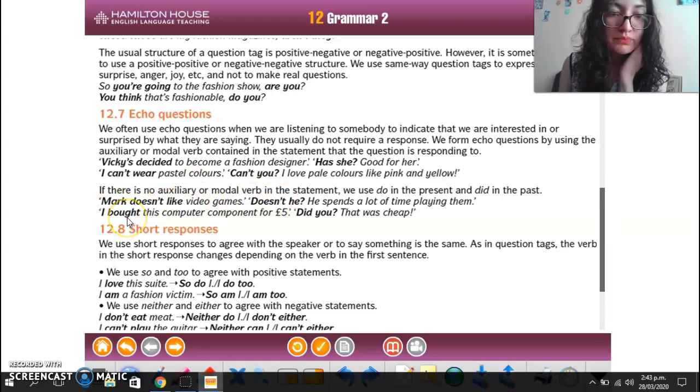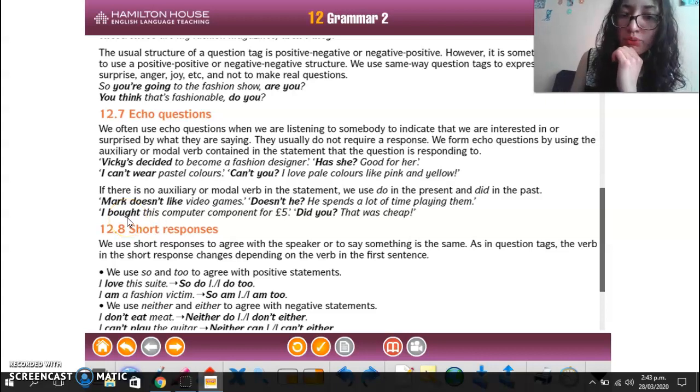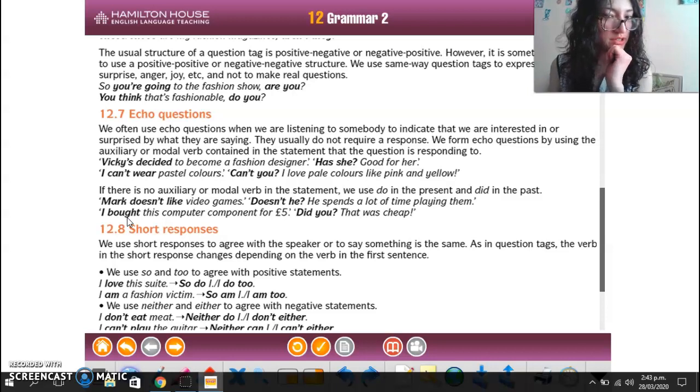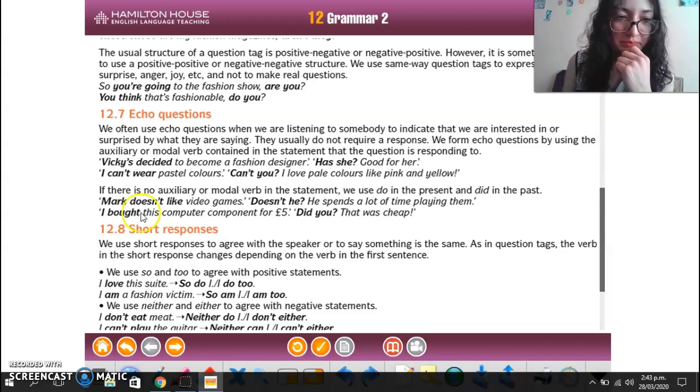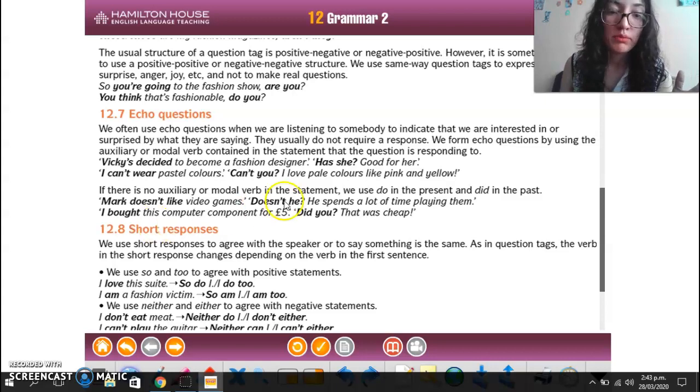Now here, one person says, "I bought this computer component for €5." The other person says, "Did you? That was cheap." So you use "did" here because "bought" is in the past. Here there isn't any auxiliary or modal verb, so you put "did." Okay?